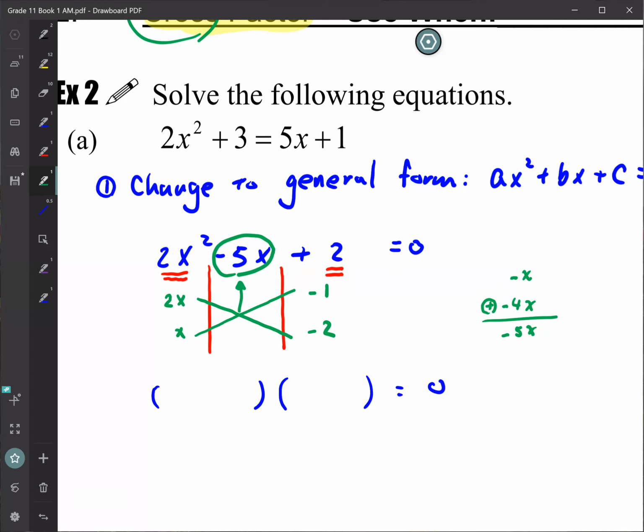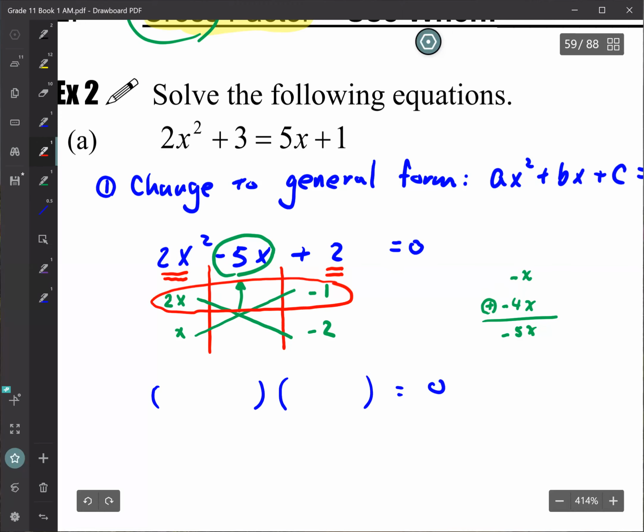Once you've done that, when we write the answer, you need to go horizontally, okay? Let me erase this arrow. So the first pair in the brackets will be 2x minus 1. Okay, we use cross multiply to check, but the answer has to be horizontal.